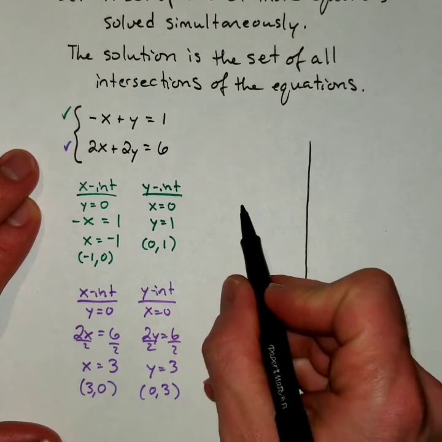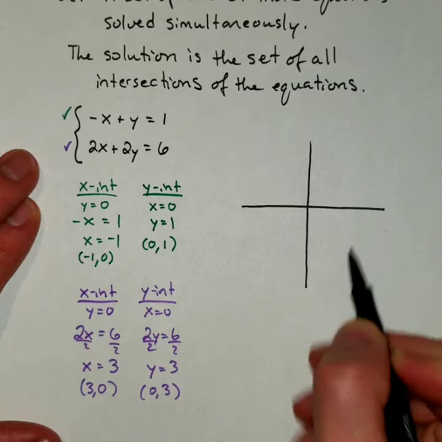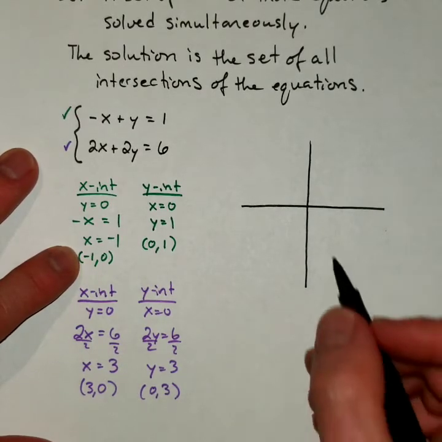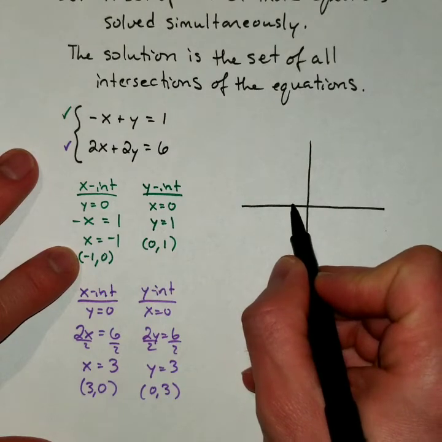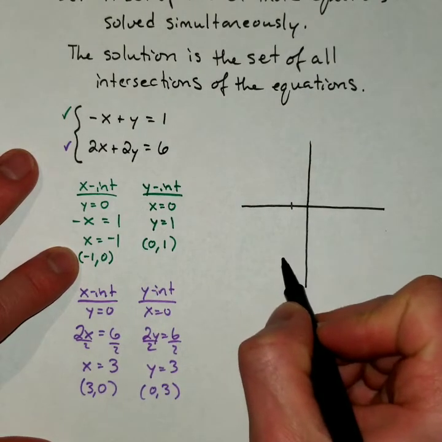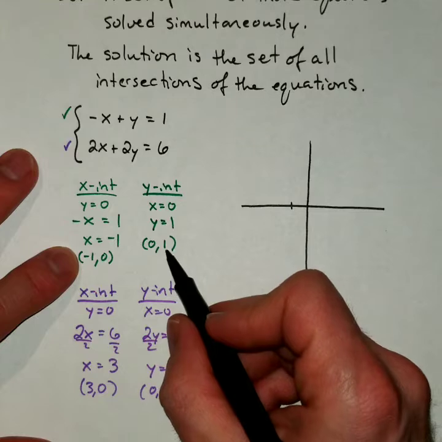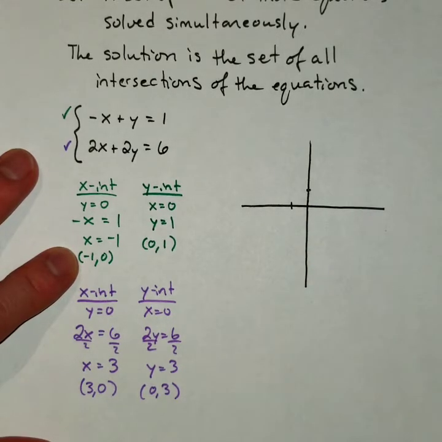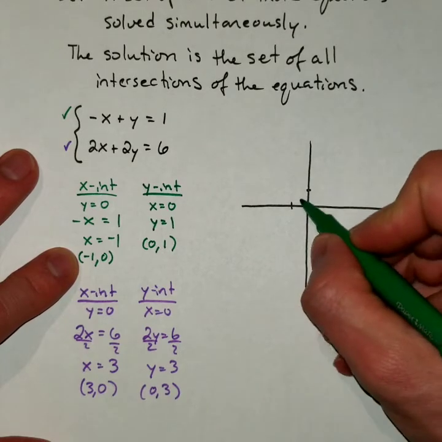Now if I were to plot these two graphs, make a quick sketch. This first graph is, let's see, -1 in the x direction and 1 in the y direction, and so its graph is going to go up to the right.